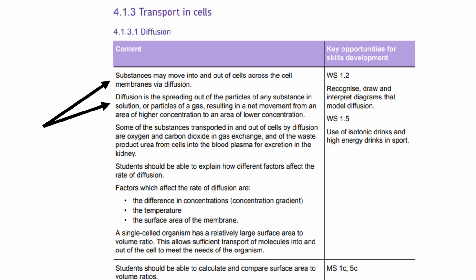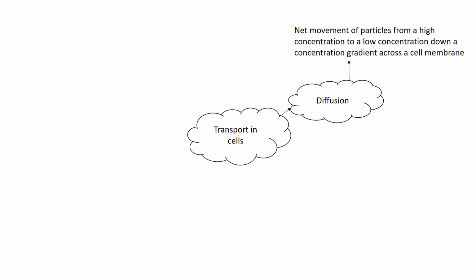And diffusion is the spreading out of particles of a substance in solution or particles in a gas, resulting in a net movement from an area of high concentration to an area of low concentration. So I have summarized that into a sentence. So the definition is it's a net movement of particles from high concentration to a low concentration down a concentration gradient across a cell membrane.